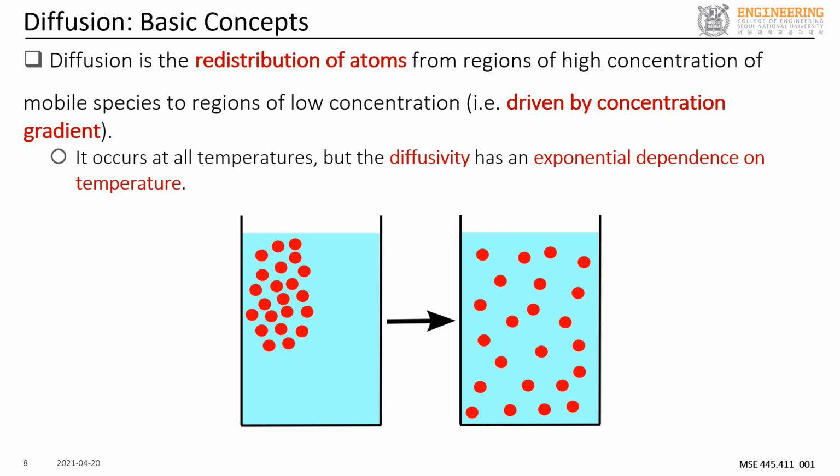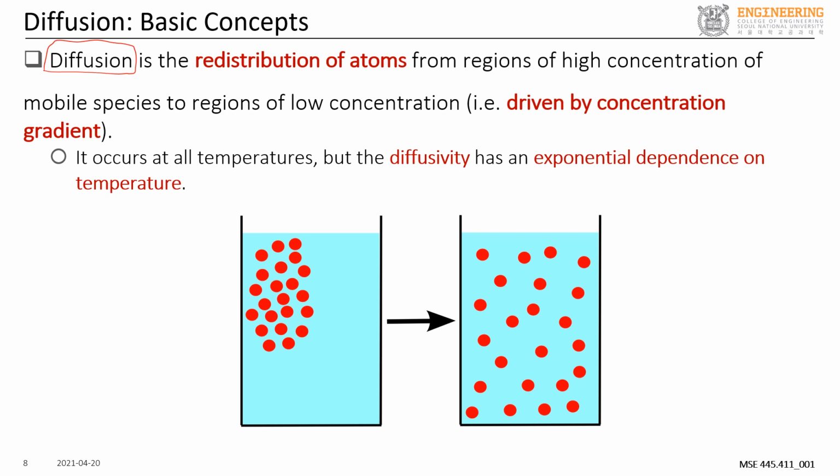On the next few slides, what we want to do is model or derive the mathematical expressions for diffusion, or the doping profile. So let's talk about diffusion. It's a basic concept you already know.